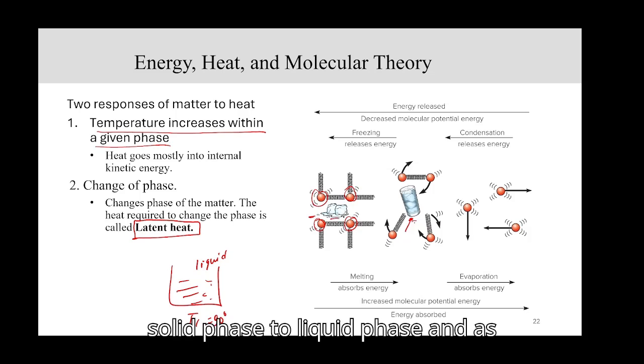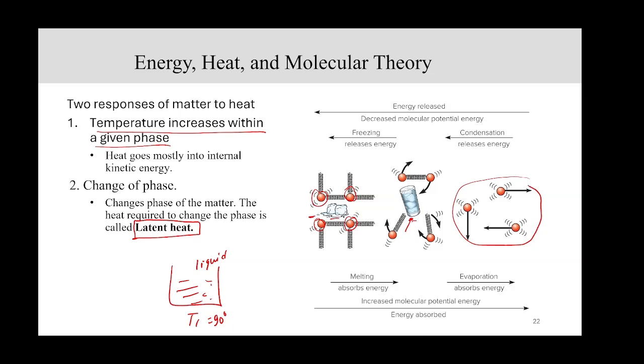And as we keep adding energy, it evaporates and converts from liquid phase to gaseous phase. This is called the change in phase. From ice to water is melting, and the change in phase from liquid to gas is evaporation.